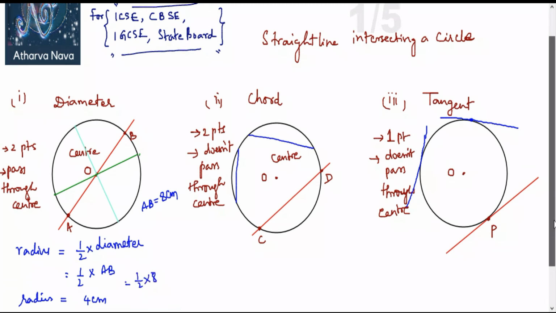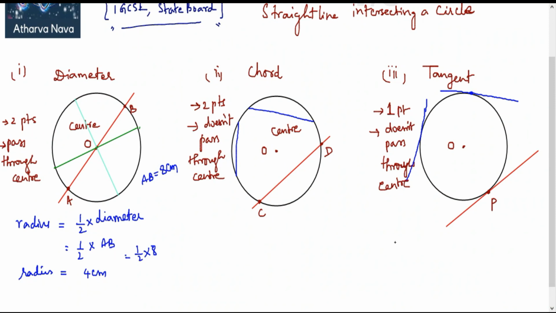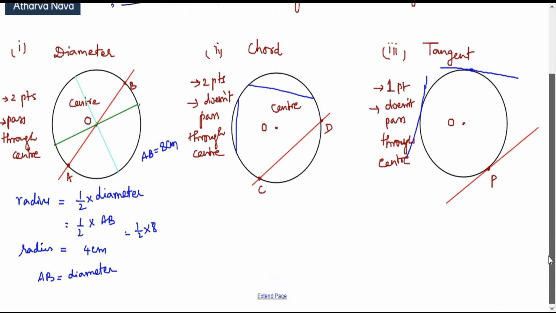And one more important point you have to remember is, here AB is the diameter, and since O is the center, OA will be equal to OB, which is equal to the radius.